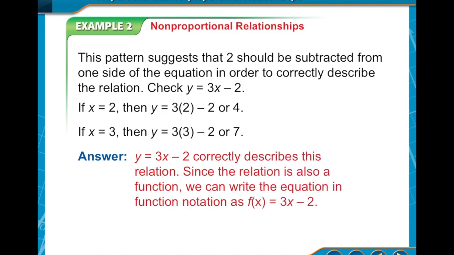So that is one way to find that equation. And if they ask you anything weird like function notation, what does that mean? Change the y to f of x. That's all that means. f of x and y are replaceable with each other. You can switch them out. That's it. Leave the rest. 3x minus 2. Then you're done.